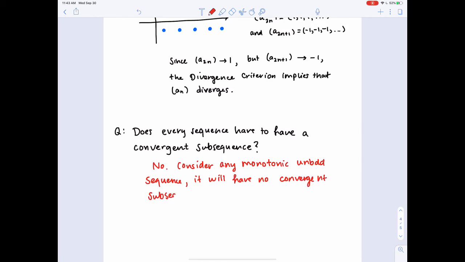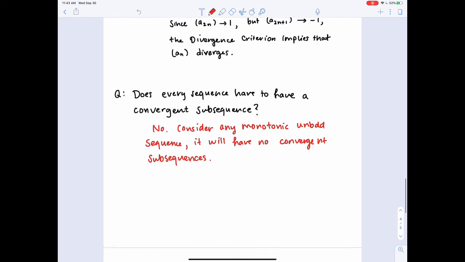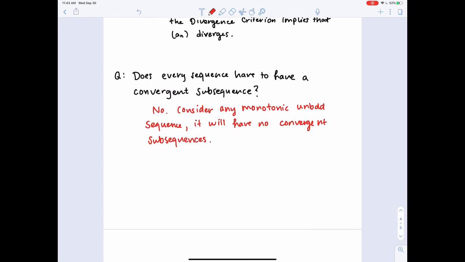And that's because if you begin with an increasing sequence, any subset of that is also increasing. And if the original increases without bound, and the tails are intertwined, as we've seen, then the tail of the subsequence is going to have to increase without bound as well. So I could look at an example.